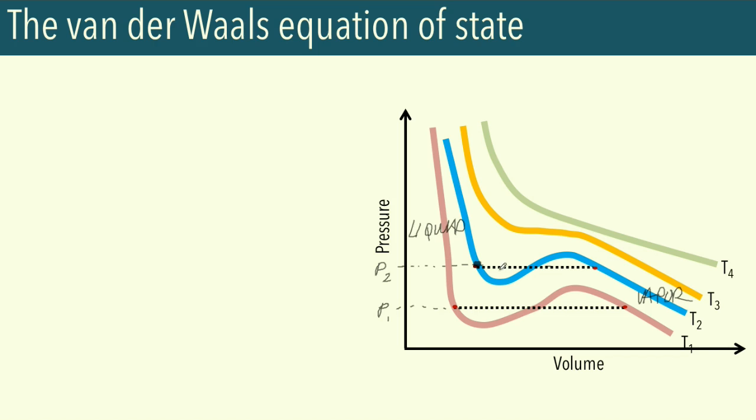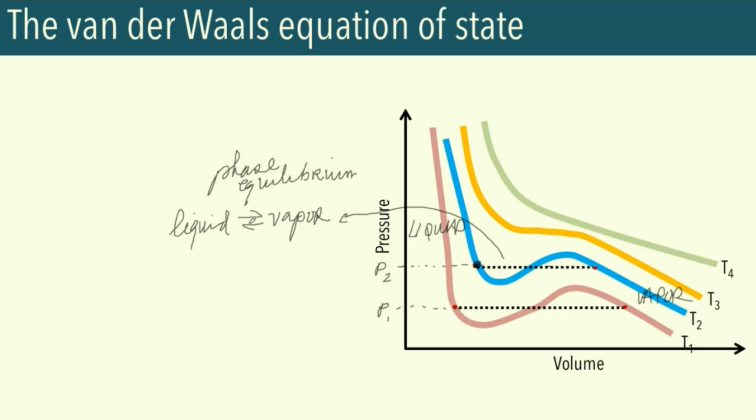So you have this phase equilibrium. You have your liquid in equilibrium with your vapor. As you keep increasing your volume, you're transforming some of your liquid into a gas.